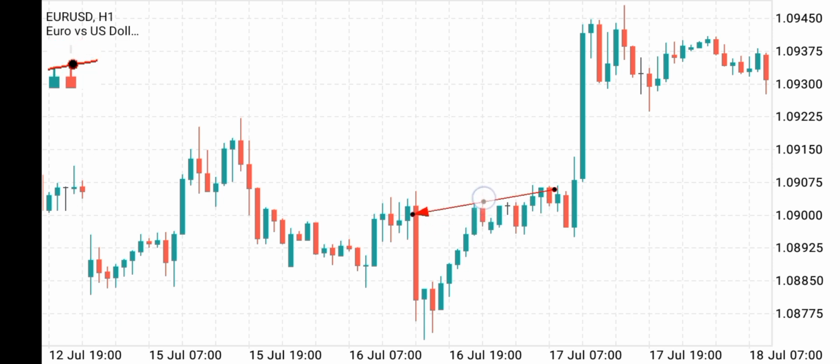If the sellers want to push price downwards, they will push price from a particular top downwards. For the bullish candlestick, buyers push price from a particular bottom upward, but for the bearish candlestick, it is from a particular top downward, as you can see right here, from this top downwards.